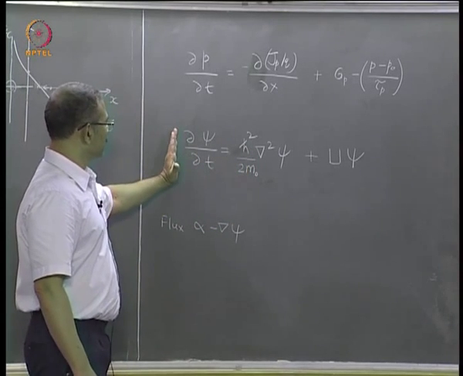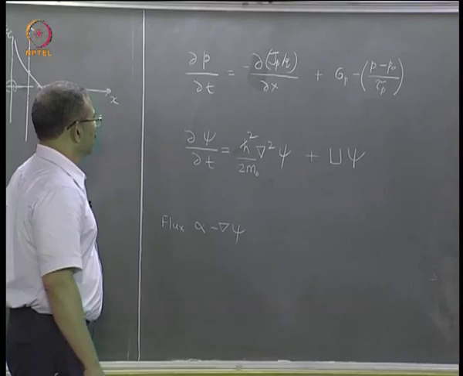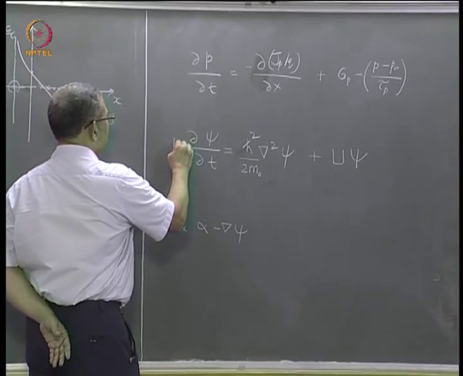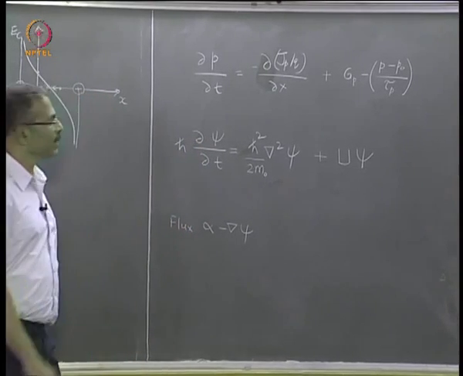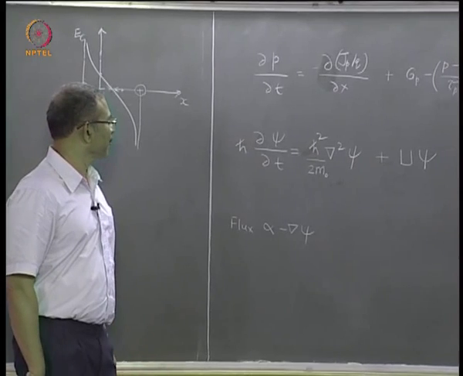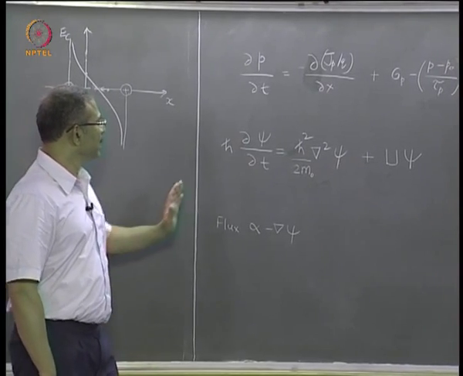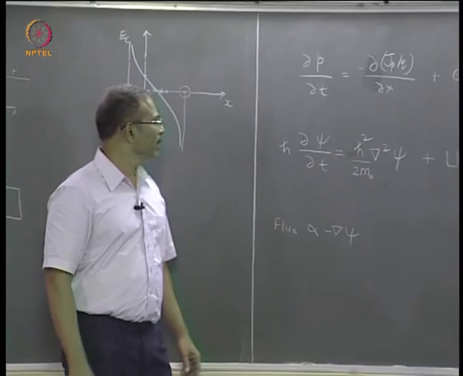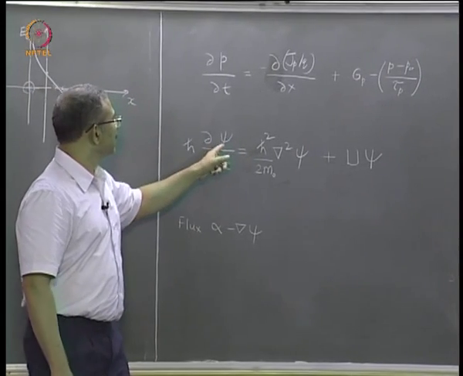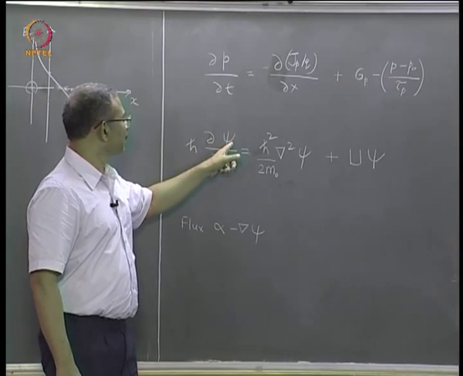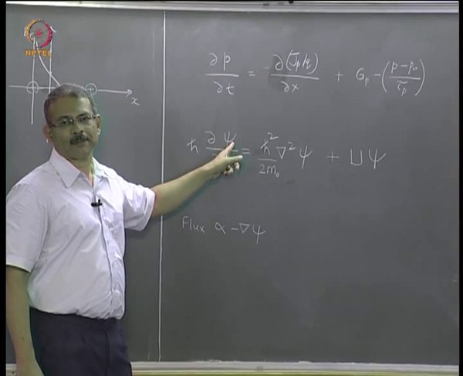Now when you come here on the left hand side, to make it dimensionally appropriate, we must put one h cross over there. Now still it is not complete, because we recognize that unlike P here, the psi is a complex quantity.